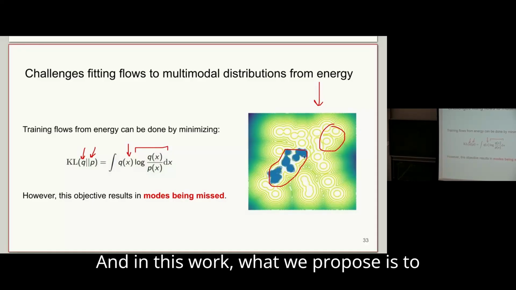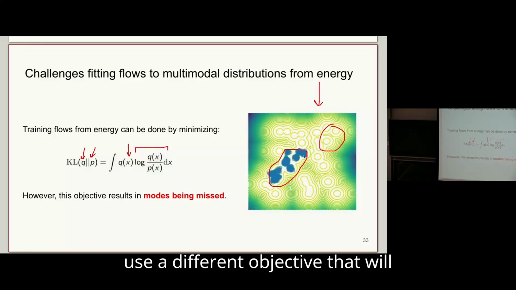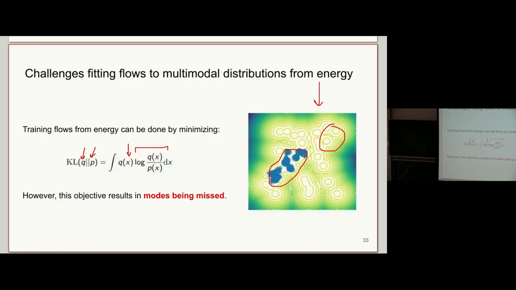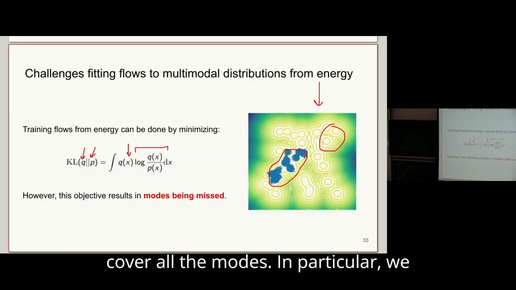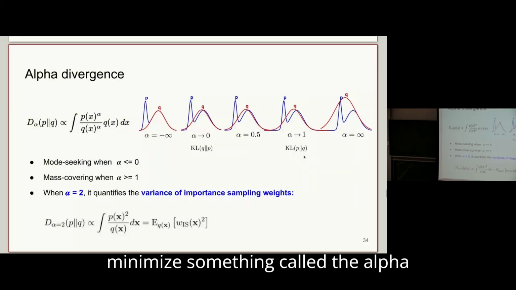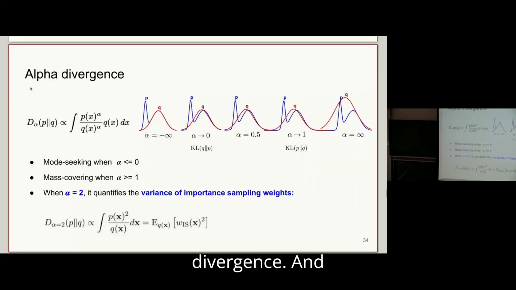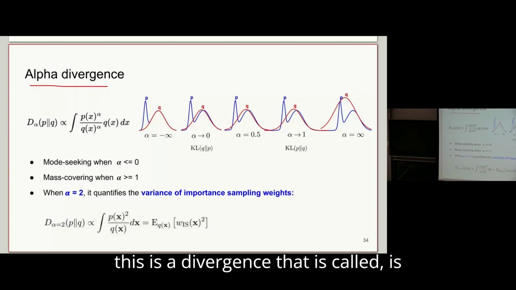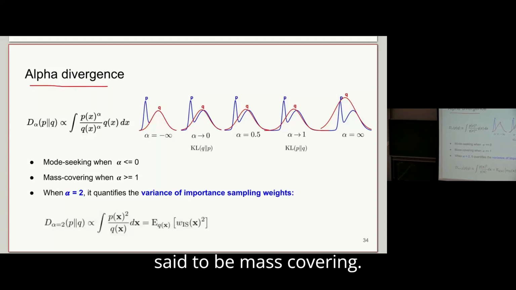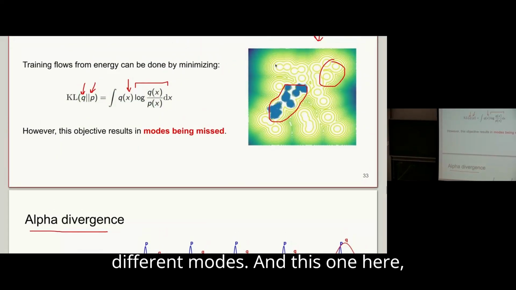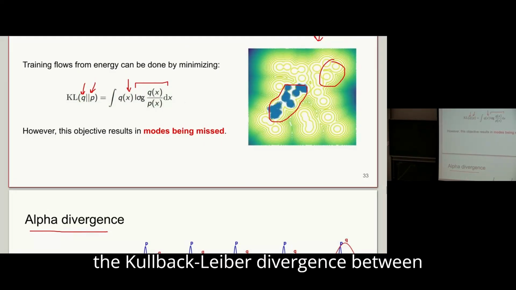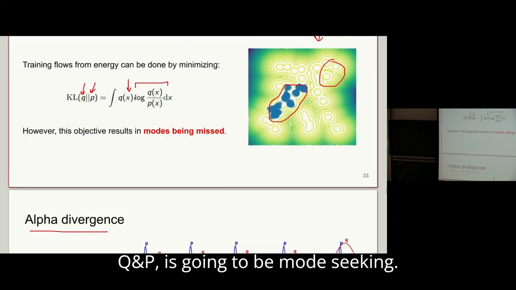And in this work, what we propose is to use a different objective that will cover all the modes. In particular, we minimize something called the alpha divergence, and this is a divergence that is said to be mass covering. Okay, it will try to cover all the different modes, and this one here, the Kullback-Leibler divergence between Q and P, is going to be mode seeking.